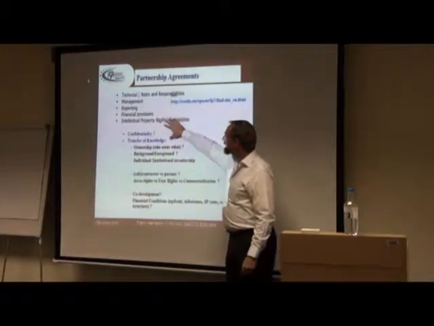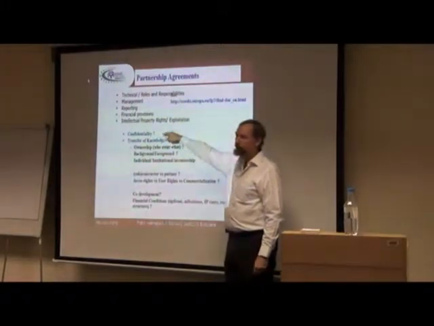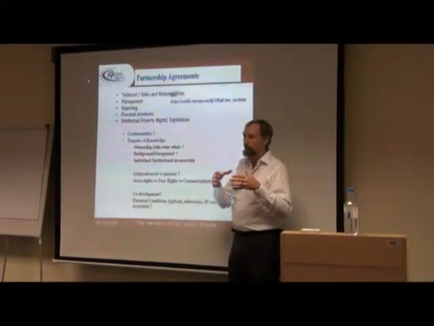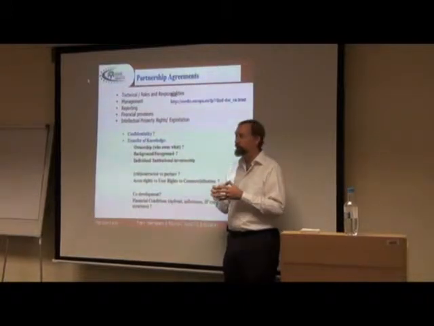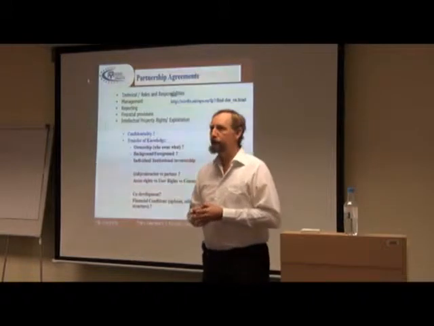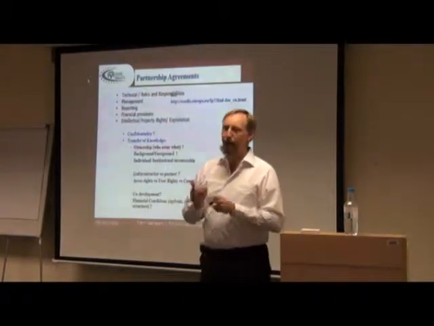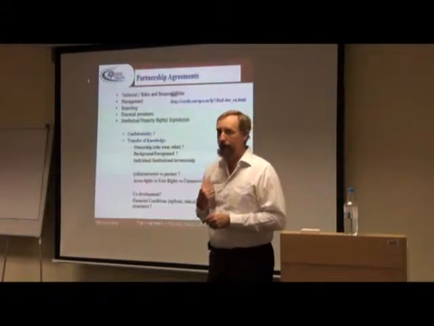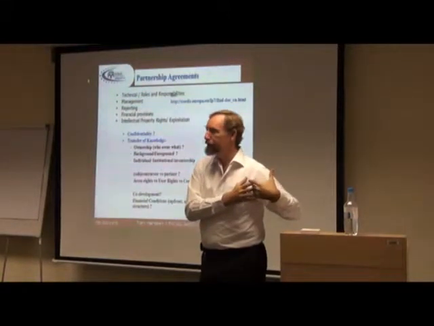Now the main issues here under IPR are first of all confidentiality issues. How do you share knowledge within the consortium, completely free, or are there certain areas that you need to keep confidential? Also as a university you need to keep certain information confidential, information that you have to keep confidential because you have signed a confidentiality agreement with an industry partner or with another academic partner. So that information you cannot just share without permission.